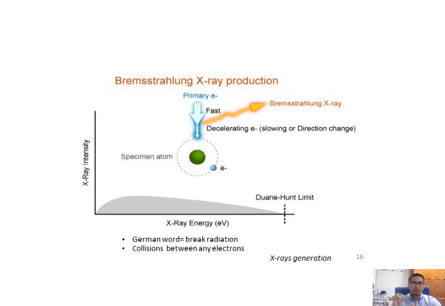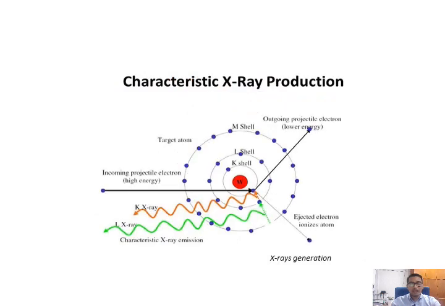This vacancy will be filled by an electron from the outer shell, and once the electron from the outer shell jumps into the inner shell, into the vacancy that was created in the first place, there will be some emission of ray, and the emission we call X-ray. So this explains the generation of X-ray within the system.